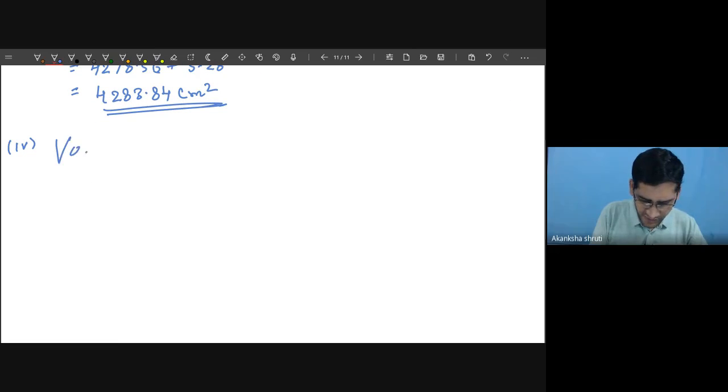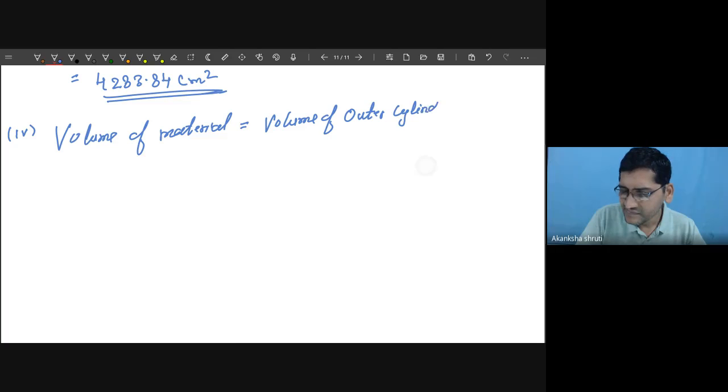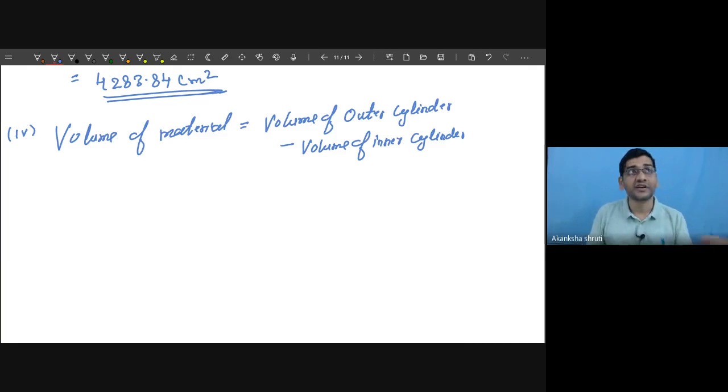Volume of material is equal to volume of outer cylinder minus volume of inner cylinder. It's that much easier only.